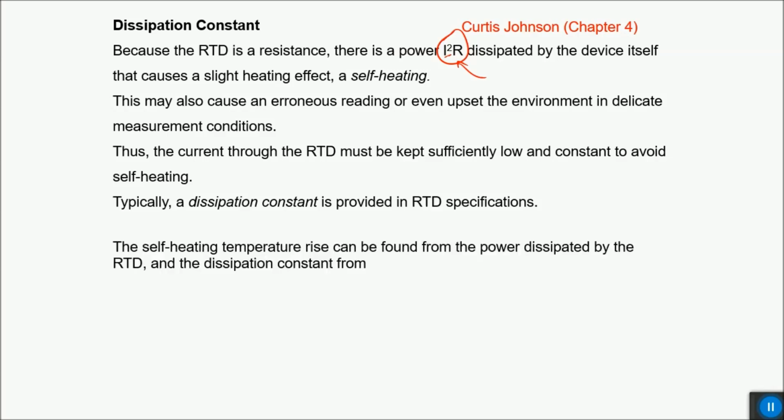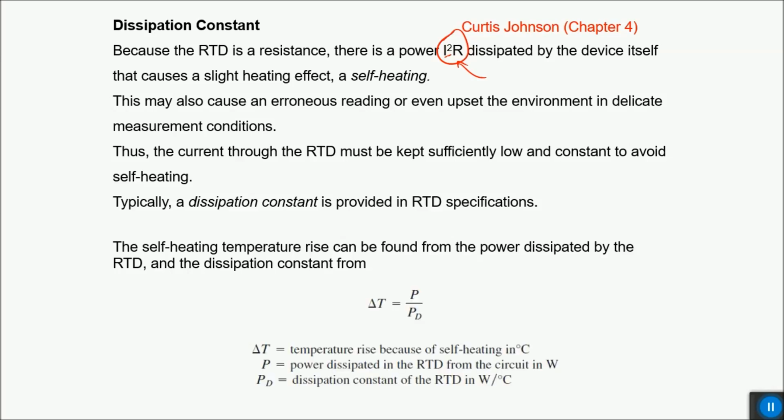So the self-heating temperature rise can be found from the power dissipated by the RTD using this dissipation constant and PD, where delta T is the rise in temperature because of self-heating. P is the power dissipated in the RTD, that is I square R, and this is the dissipation constant, and this is the change or rise in temperature, like maybe 2 degrees or 1 degree and so on.